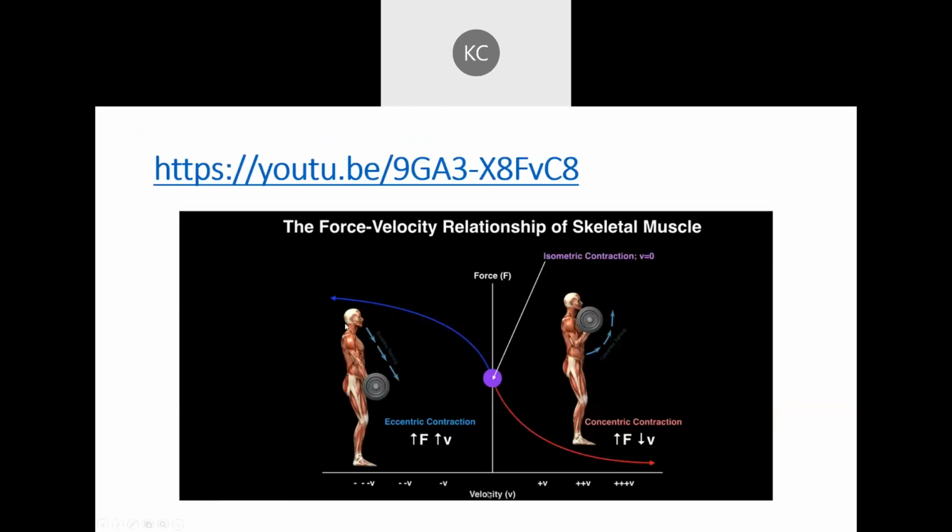If you have the notes, you can copy and paste this URL into a web browser and watch this video, but it's essentially showing the same thing that we just talked about, this relationship between the speed at which you can contract the muscle relative to the amount of weight or the load that you're having to act against. And again, this is going to differ between eccentric contractions and concentric contractions.